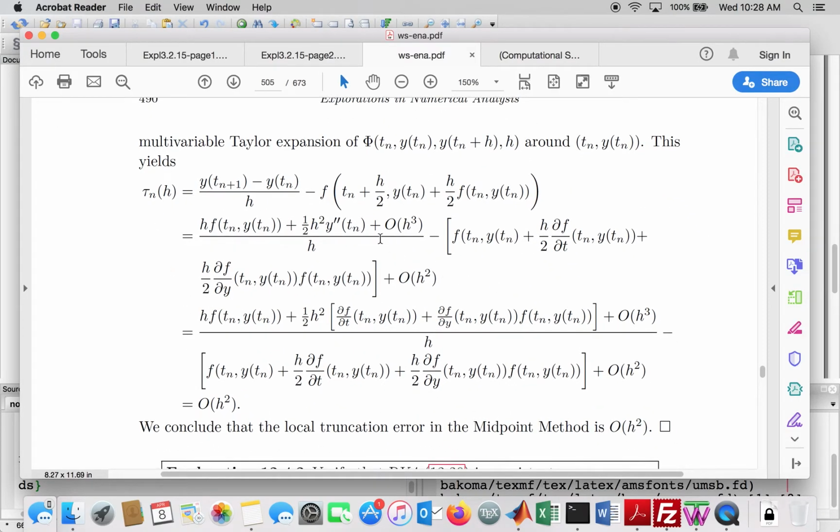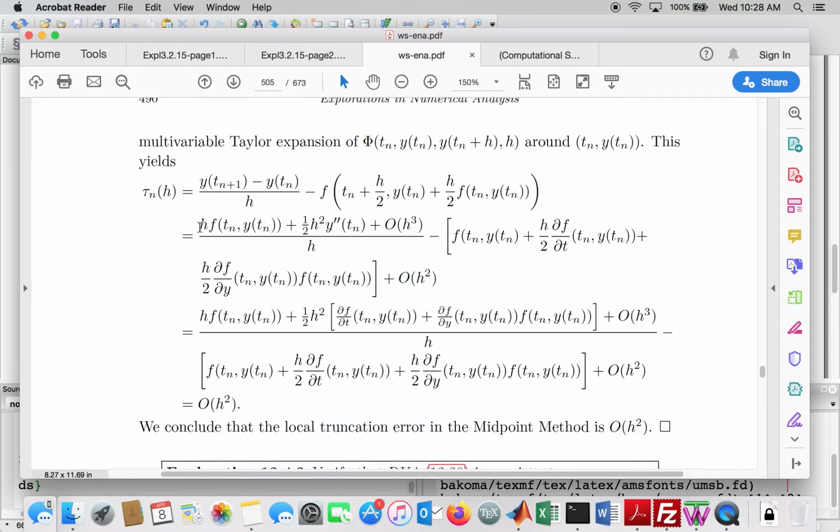So what we have here is the midpoint method. What we do up here is a Taylor expansion of y(t_{n+1}) centered at y(t_n). Once we substitute the Taylor expansion in for y(t_{n+1}), the first term is y(t_n), which cancels with this one.